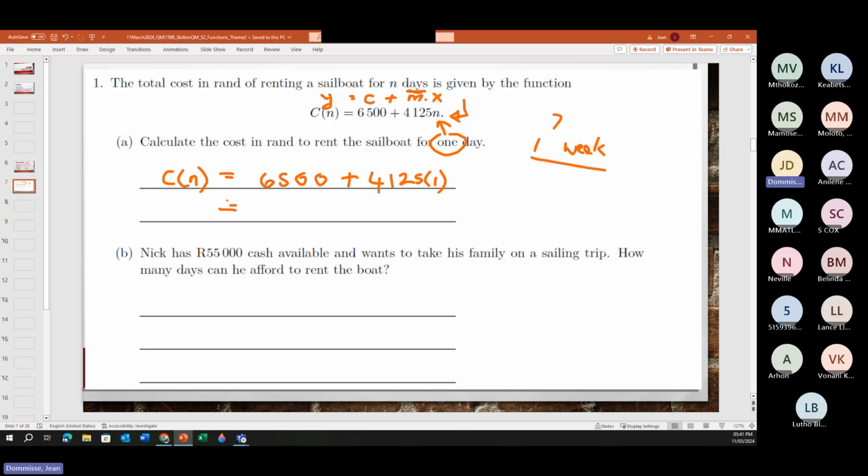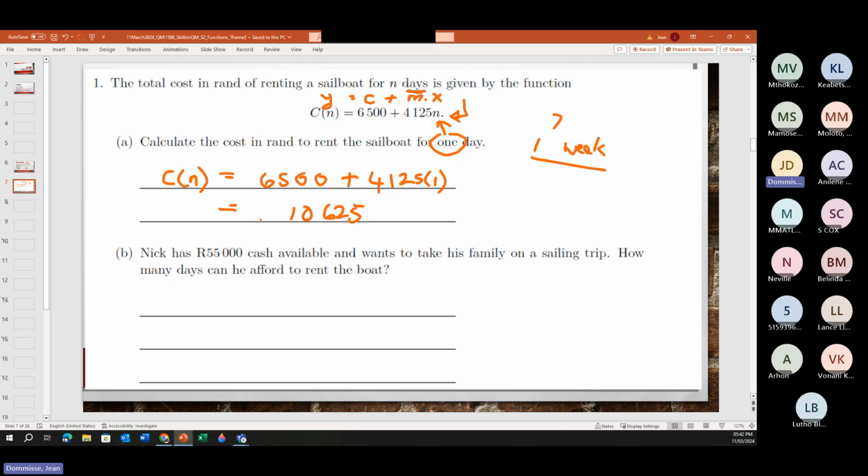Again, they can change that number to anything, which will then change your answer. So in this instance, your final answer would have been 10,625.